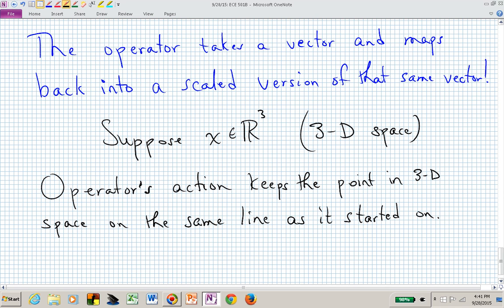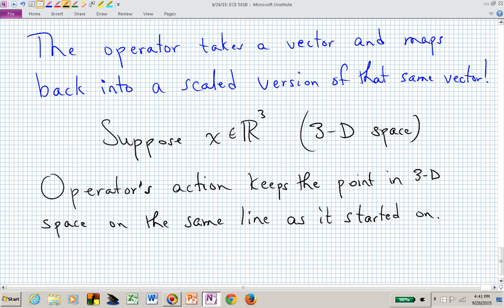Now maybe here is the point x, and you'll just have to visualize this if you're listening to this, but just visualize a point in your room. Now assume that you have some linear map that operates on that point. If it's a particular vector that satisfies that previous equation and it's an eigenvector, then going through that map, you're going to stay on that same line.